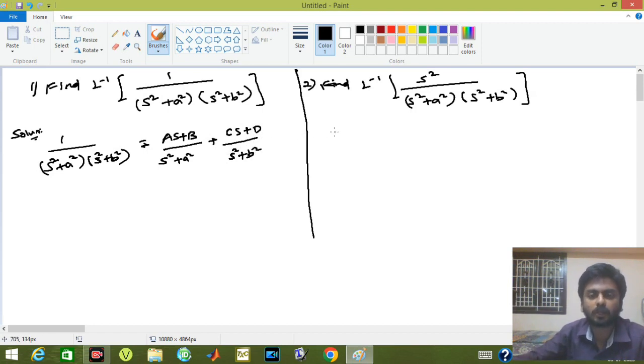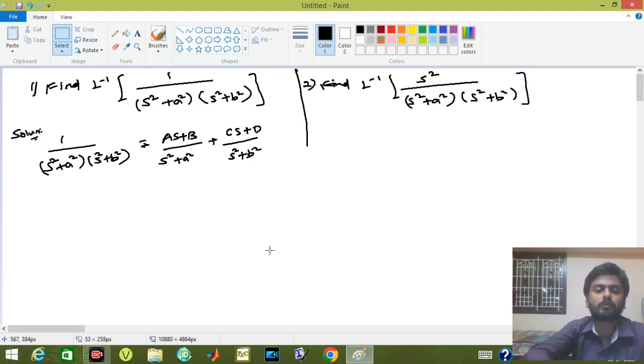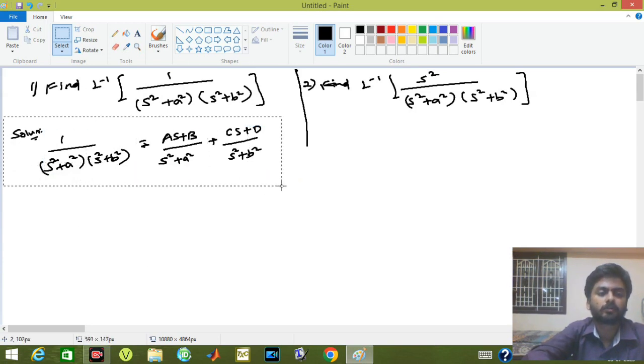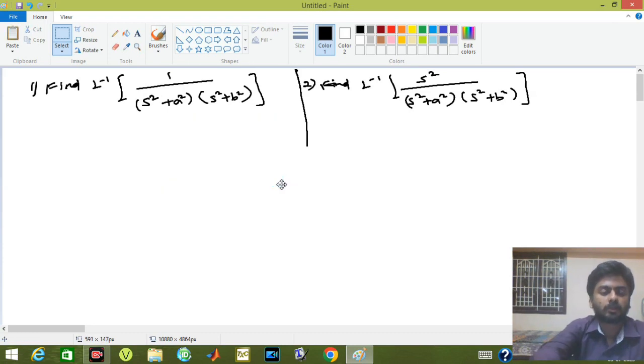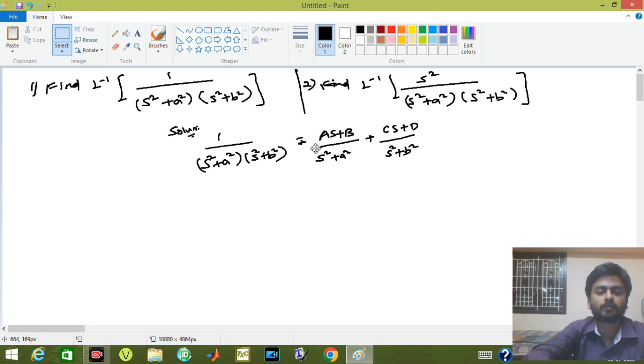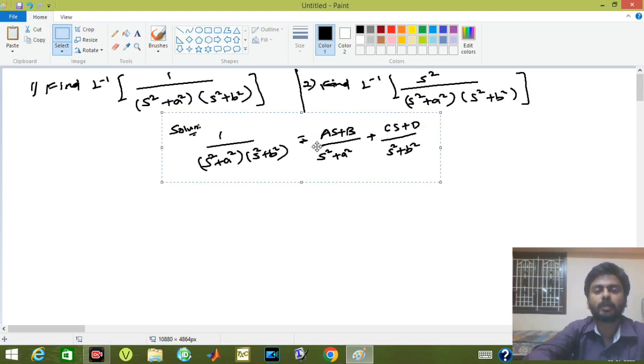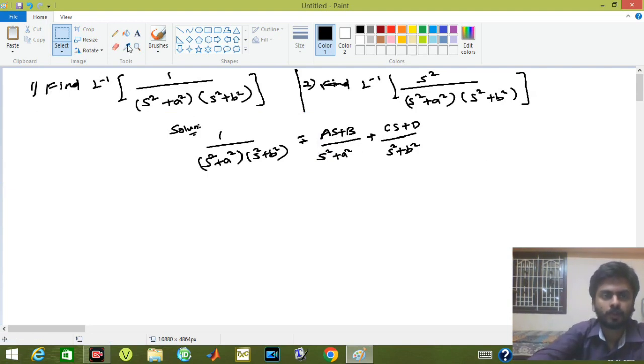The same things are going to repeat for the second problem also, so you have to copy the same steps for both the problems.